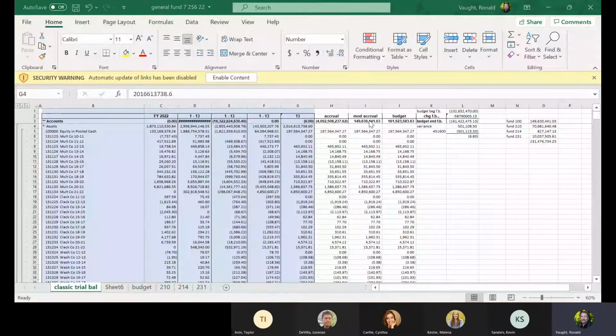And I mean, their GAAP basis general fund should be 231 million, and budgetary fund balance should be 161.9. If you're not getting to that, then you have to figure out why.